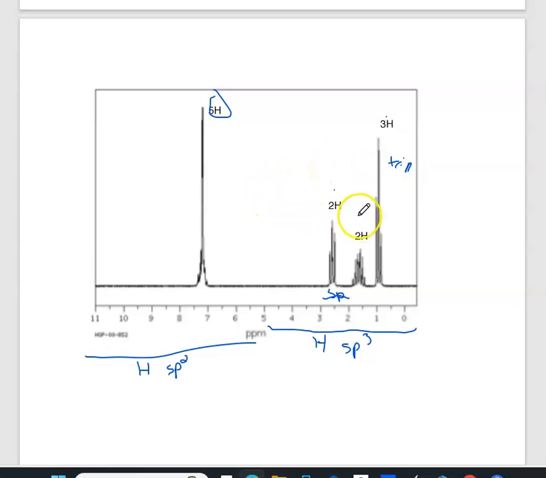Here we have a septet, so we're going to have 6 neighboring protons. And right here we have another triplet, so 2 neighbors. And the final one is going to be a singlet. The interesting thing about this one is it's also in the aromatic proton region. So that indicates to us that we should have a ring.